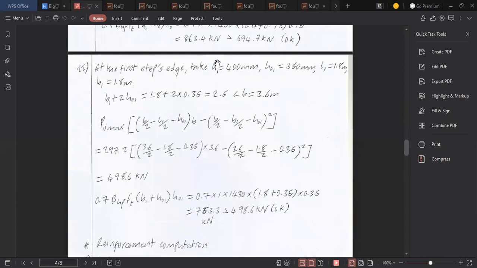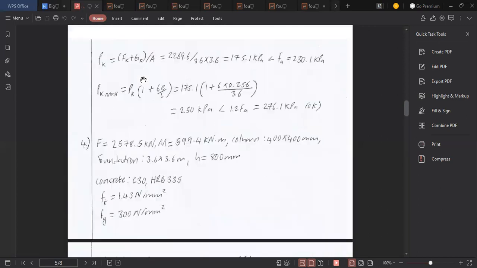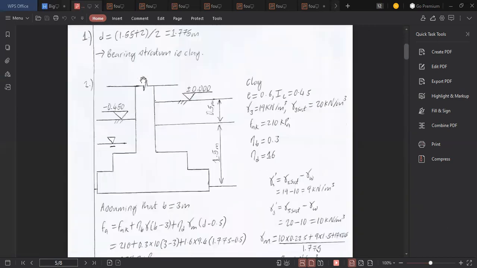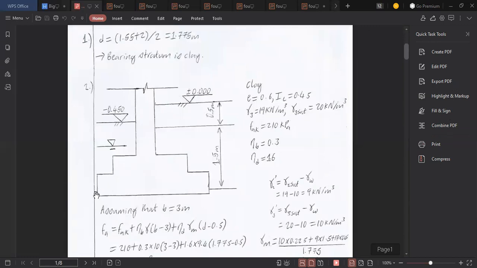Okay, so we proceed. Now we're checking the first step. We say this because, as you can see, it's got steps. The first one we calculated is this distance from here to here.